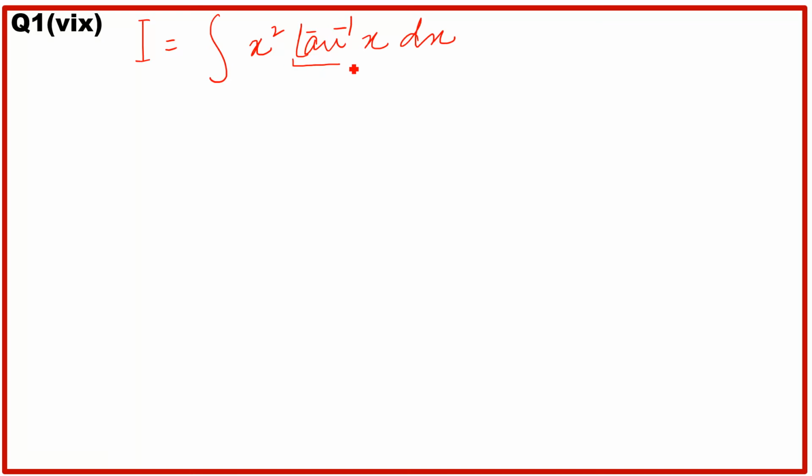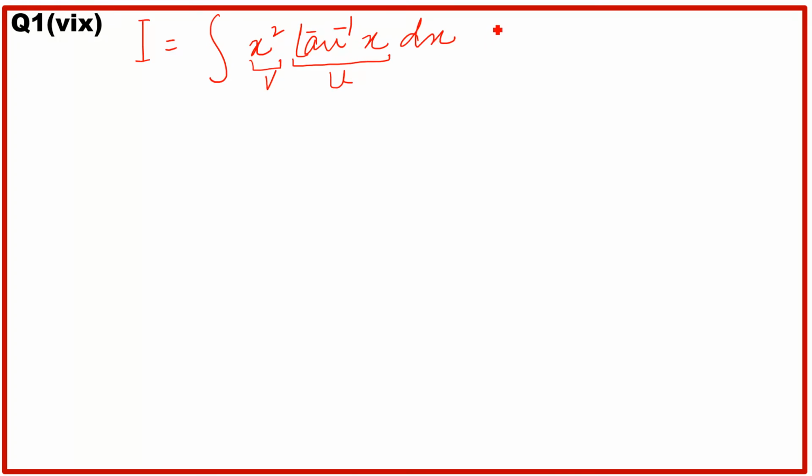But if you have an inverse trigonometric function, this is an important point, then you have to consider this as u and the algebraic function as v. If it is sin x, tan x, cos x, then you have to consider the trigonometric function as v, the second function. But if you have the inverse trigonometric function, then you have to consider it as u.